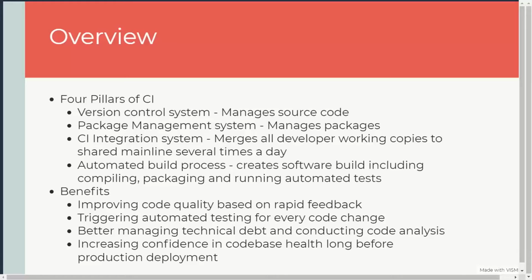Okay, and triggering automated testing for every code change. This is to ensure that the new code does not affect the existing features. The dev team writes some unit test cases, and for every code change you run them, because in some cases they may fail.